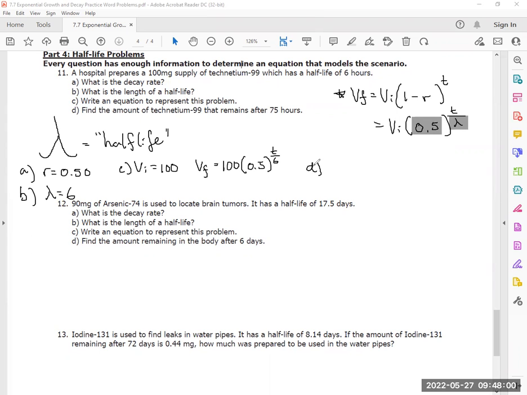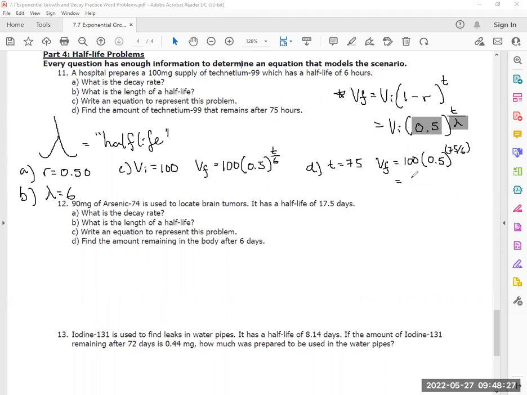So part D, how much technetium will remain in a patient after 75 hours if time is equal to 75? VF is equal to 100 times 0.5 to the power of 75 over 6. And the rest is just plugging into the calculator.